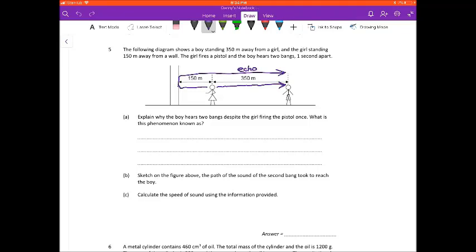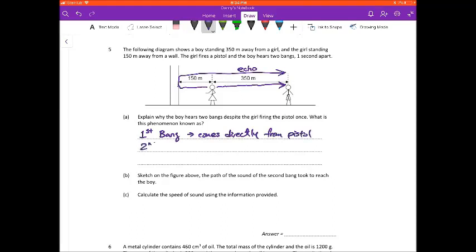So why does the boy hear 2 bangs? You need to tell me what each bang is. So don't just give me your answer, oh, because the second bang is an echo, but you didn't mention what the first bang is. You need to tell me that the first bang comes directly from the pistol.